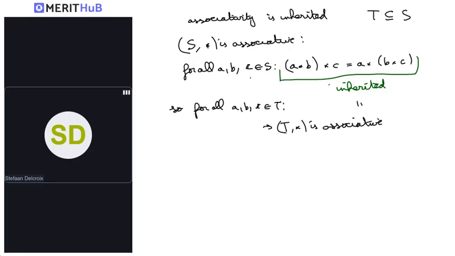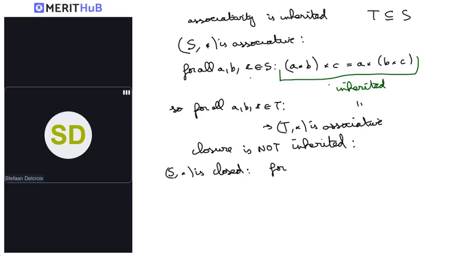But closure is not inherited. Let me write down why. S under star is closed means for all A, B in S, A star B is back in S. What is the inherited property? Whatever comes over here, this is inherited.